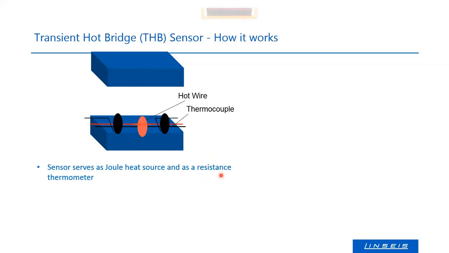So for thermal conductivity measurement, you always need a heater, a heat source, and a thermometer. The thermometer can be at a different place or at the same place. In our setup, it's the same. So the wires are heating and at the same time measuring the resistance change, and by that the temperature increase.